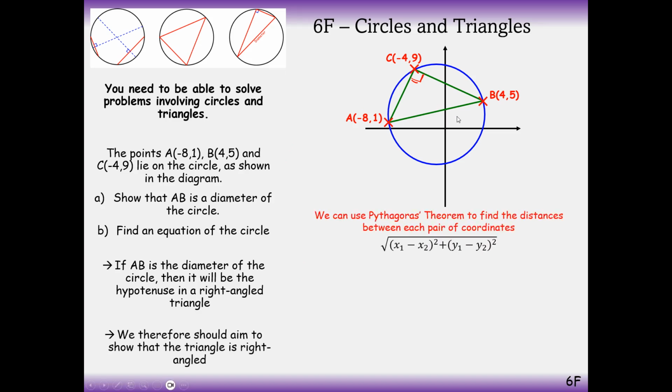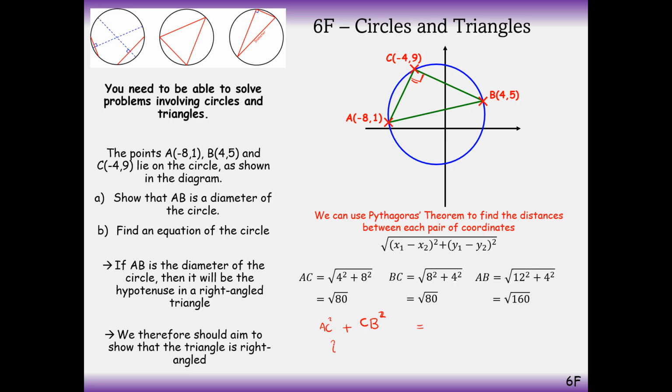So with Pythagoras theorem, you can find the distance between A to C and the distance between C to B, and finally figure out the distance between A to B and show that these values meet the Pythagorean theorem. So we just need to show that AC squared plus CB squared is equal to AB squared.